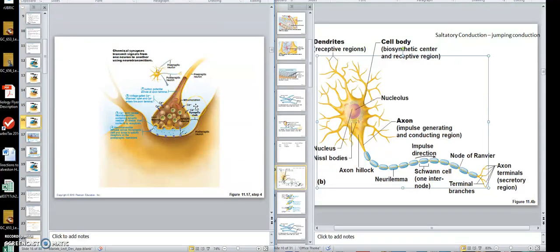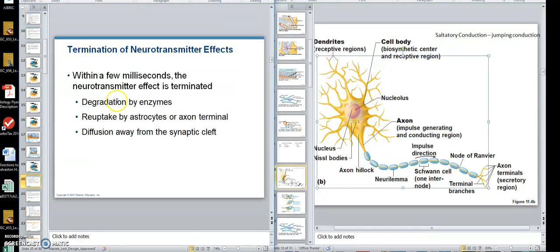So that's essentially how you get rid of the neurotransmitter substance, because if you kept it forever, how would you ever turn off the second neuron?